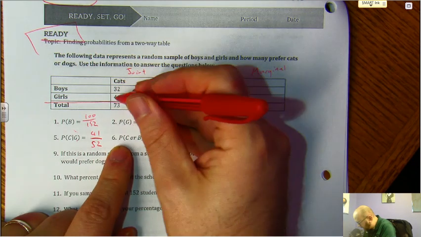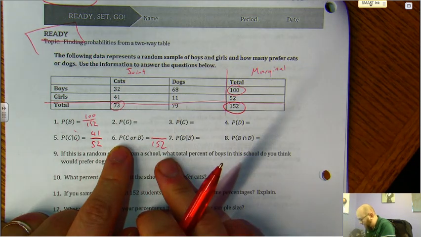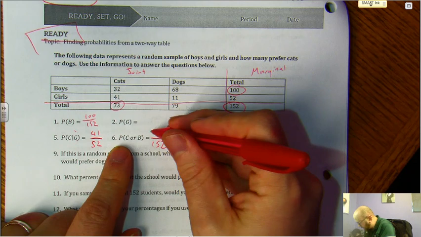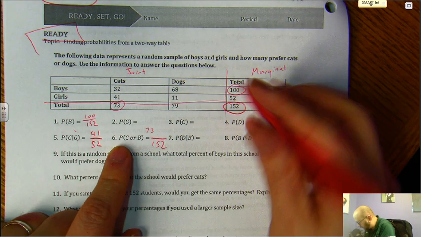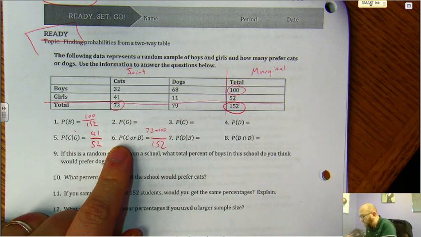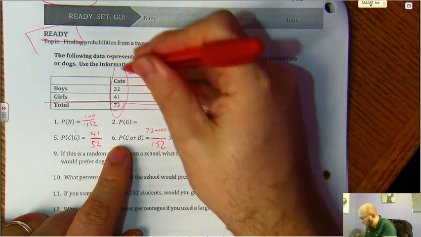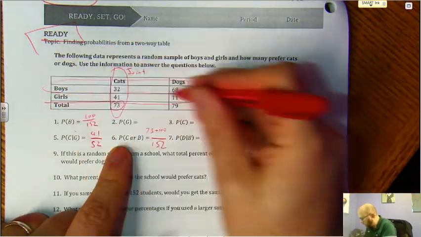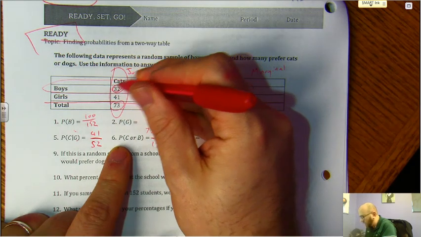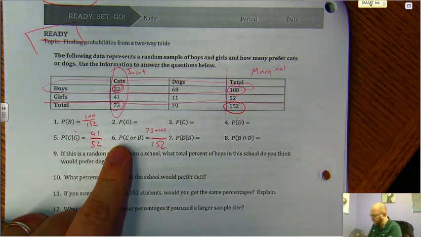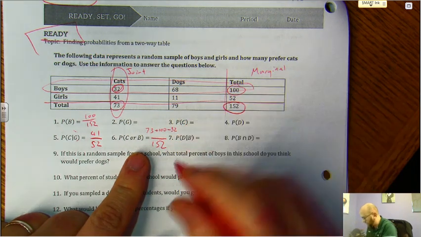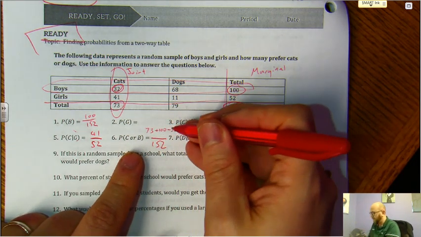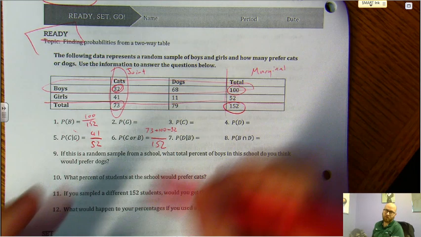Well, we've got 73 that like cats, okay? So we got 73. How many are boys? 100. But because we looked at all the cats and we looked at all the boys, we double counted the boys who like cats. So we have to do 73 plus 100, but we need to subtract that 32. 73 plus 100 minus 32 over 152 is going to be our probability.